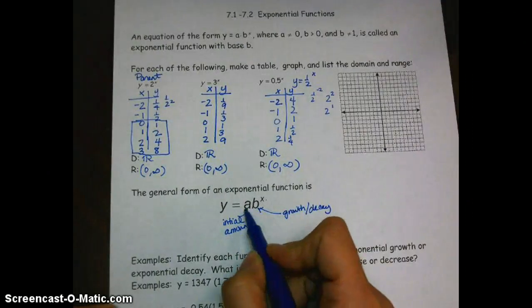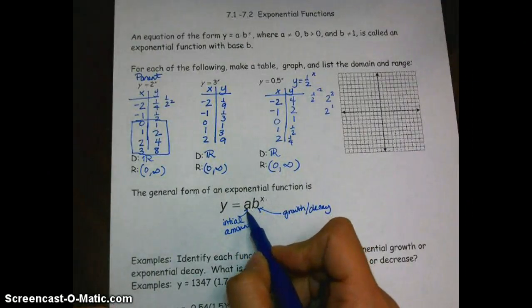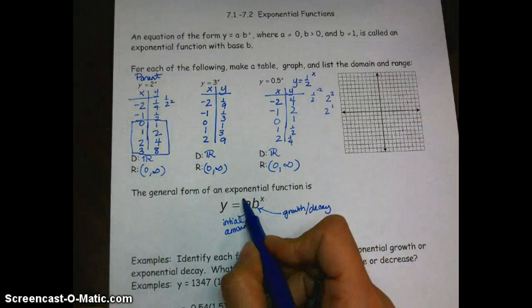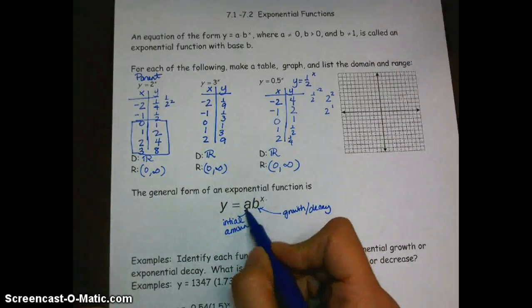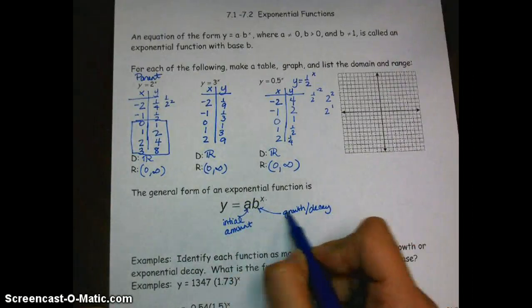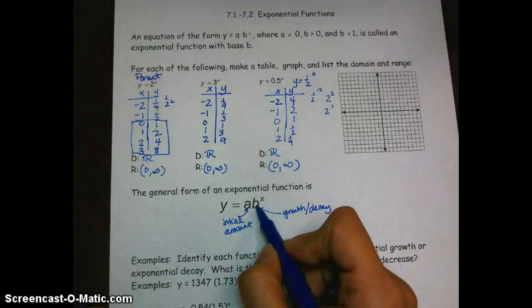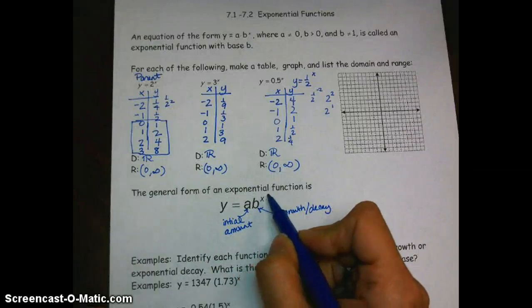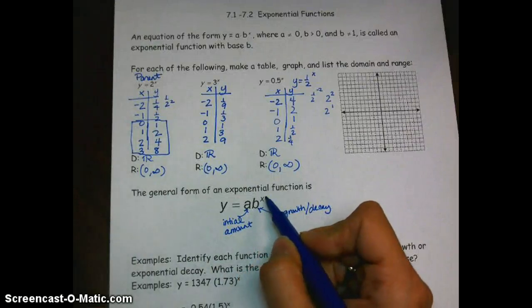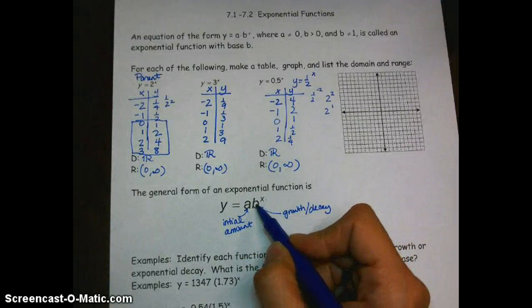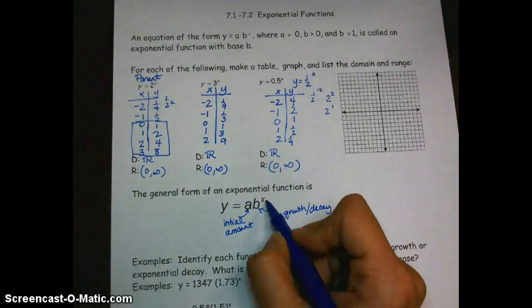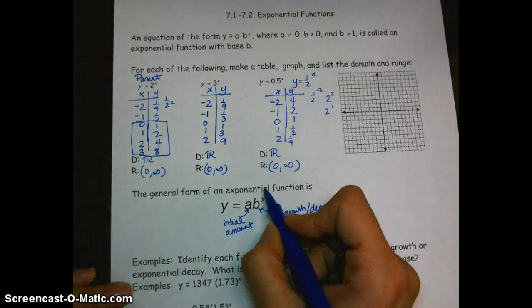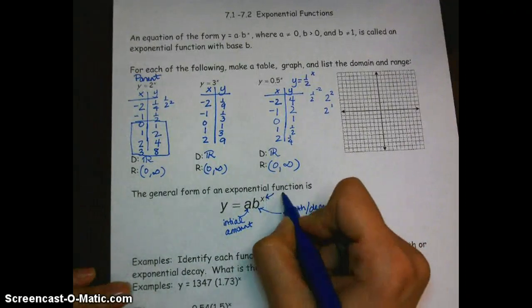The initial amount was how many bugs you started with in the box. When you wrote out your equation, it was really close to 2 or 5 because that's what it was for us in our lab. Then for the growth or decay, the number that was being raised to a power in your lab for buzz bugs was close to 1.5, because we talked about how it was the probability of being heads or tails, and we were growing, so it was 1.5. And then x is going to be time.